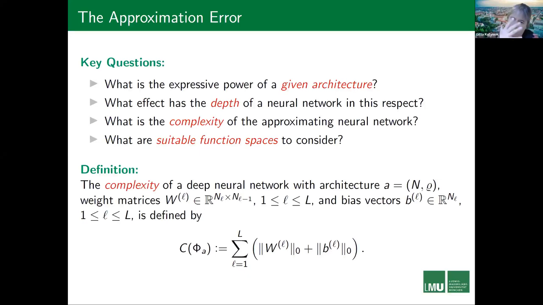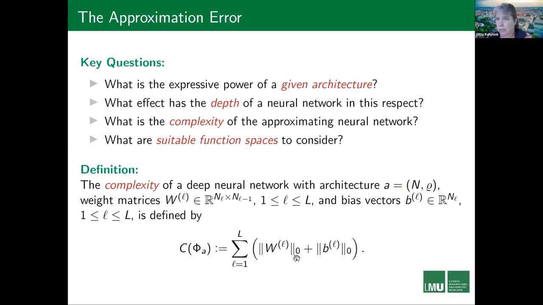The first thing I would like to formally define is the complexity. As I said, one can define the complexity of deep neural networks in various ways. What we want to do here is take a viewpoint from memory. We would like to have memory efficient neural networks. The complexity is defined in the following way: of a neural network with this architecture and with weight matrices and bias vectors, we define the complexity C of psi A as the sum of the L0 norms of the weight matrices and the bias vectors.